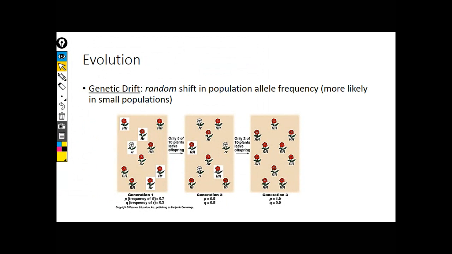Okay, so genetic drift is one example of that, okay? And ultimately, and this is one of the more common ones, this is when it happens randomly, okay? So it's literally just drifting one way or another. And this does occur to some degree in all populations, right?